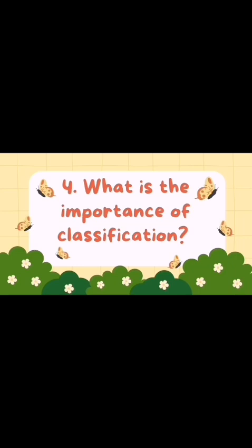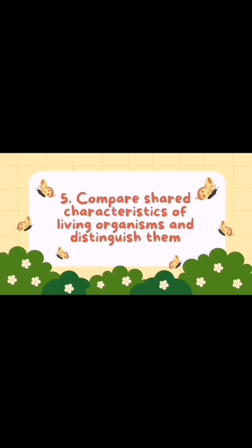The fourth question that we have, you have to tell us what is the importance of classification. The fifth question, you have to compare the shared characteristics of living organisms and distinguish them, which is our last question.